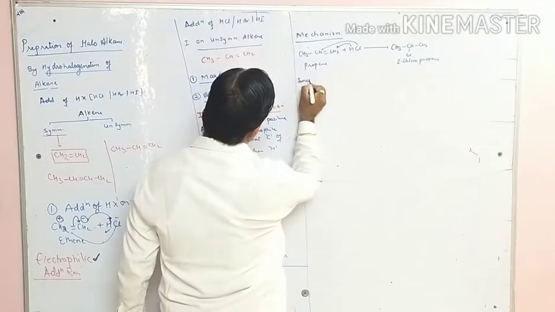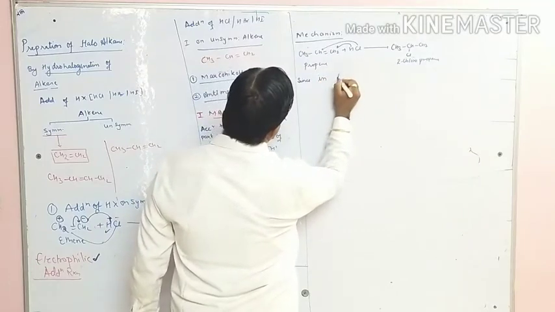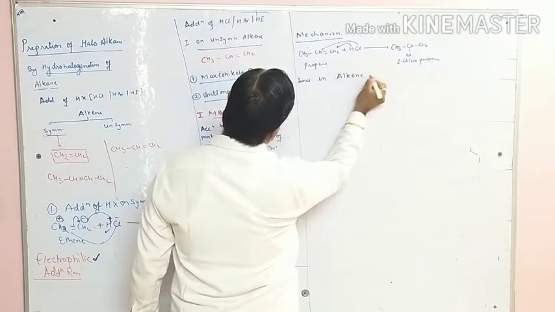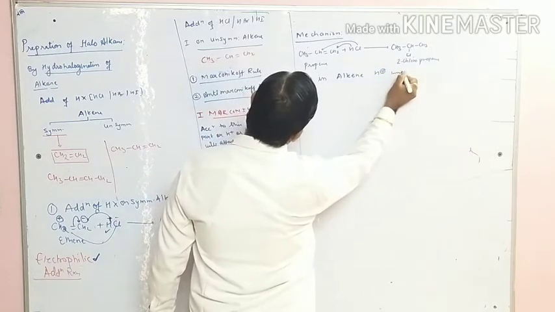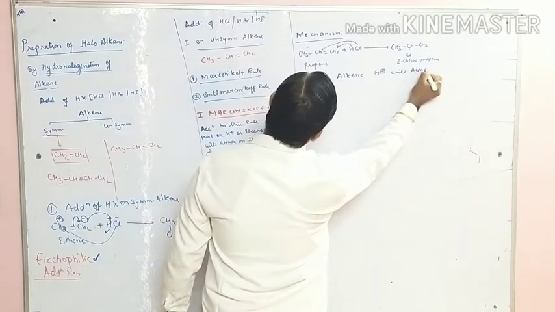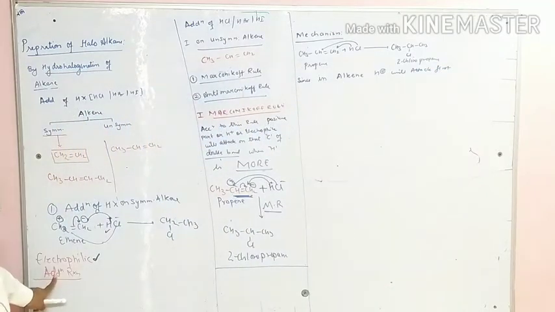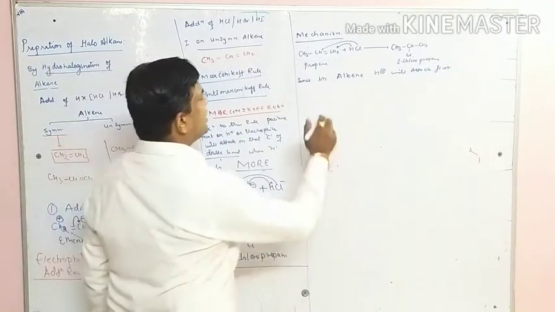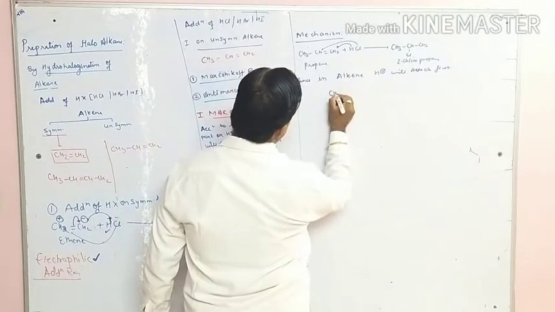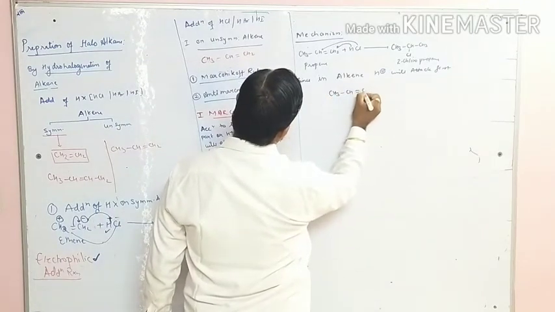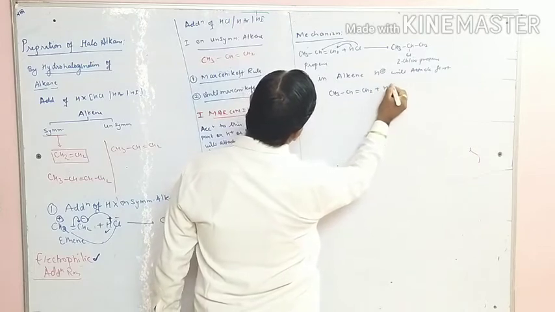Since in alkene, H plus will attack first. Why? Because I have told you, alkene shows electrophilic addition reaction. So in alkene, H plus will attack first. So this is the propene, CH double bond CH2. This is H plus.